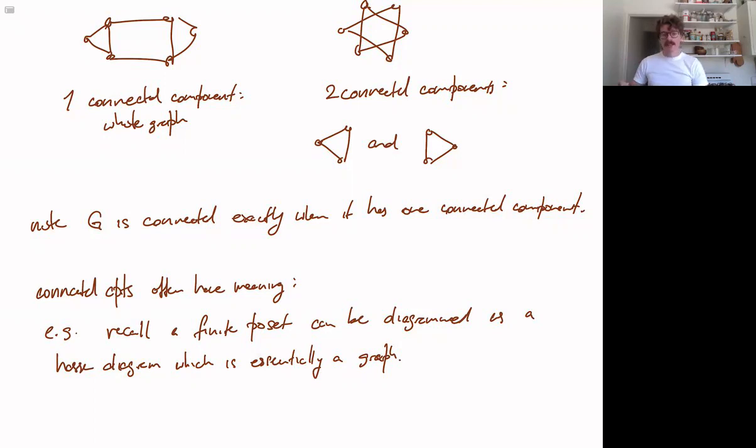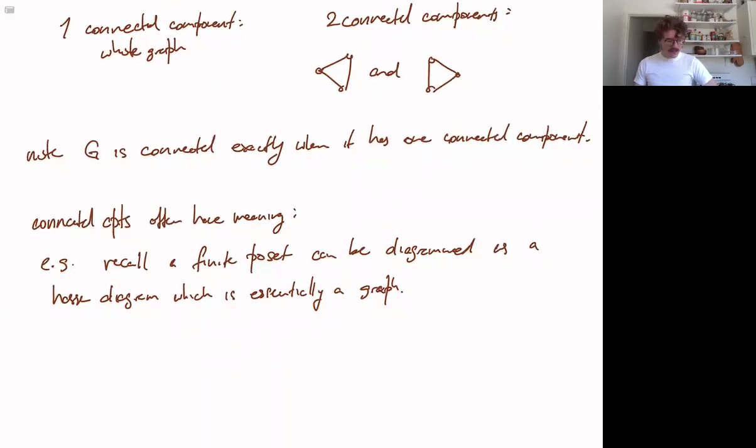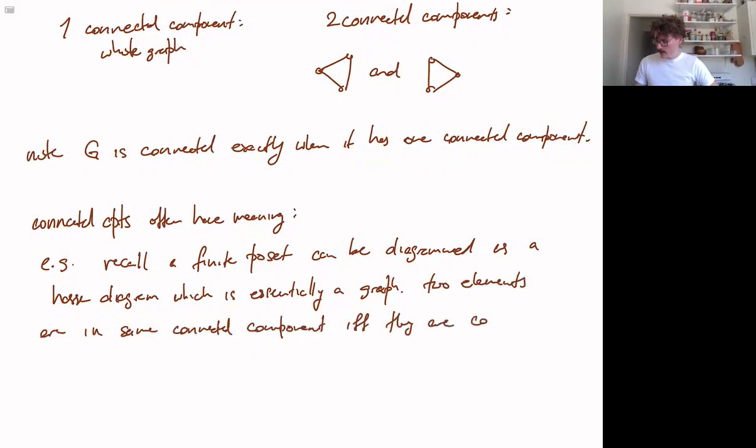But if we think about it in this sense, as an undirected graph, and we think about the connected components, what do they mean? So two elements are in the same connected component if and only if they are comparable. So remember that comparable means that either x is less than or equal to y, or y is less than or equal to x.